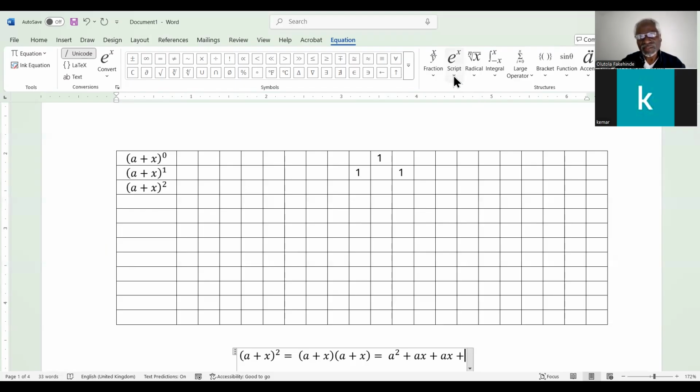All right, so that will give us X squared. So if we now add, because we can add AX and AX together, that will now give us, let me copy this.